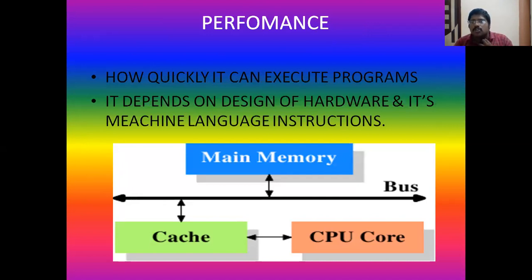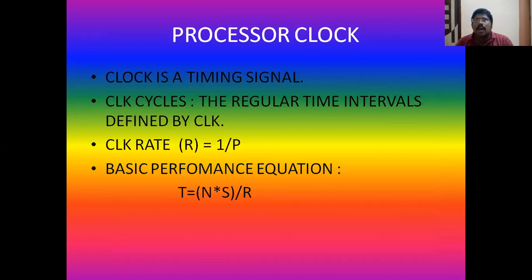How quickly a processor is going to execute a task will depend on the clock we are giving. For the clock we are going to give a particular frequency, which will be referred to as clock frequency. You are all familiar with the relation between frequency and time period. The time period is nothing but the inverse of frequency.